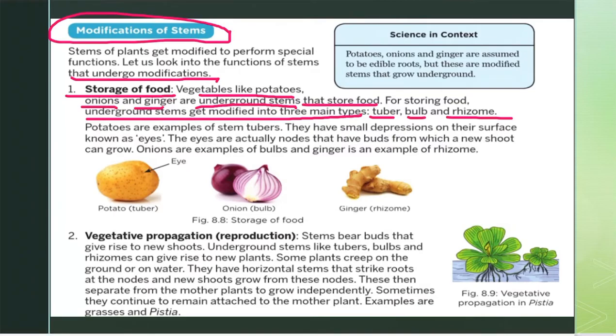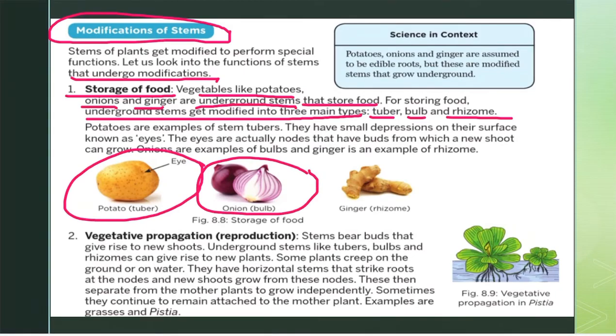It can be a tuber; you can see the example of potato, it is a tuber. Bulb, onion is a bulb. And rhizome, we talk about ginger, it is an example of rhizome.